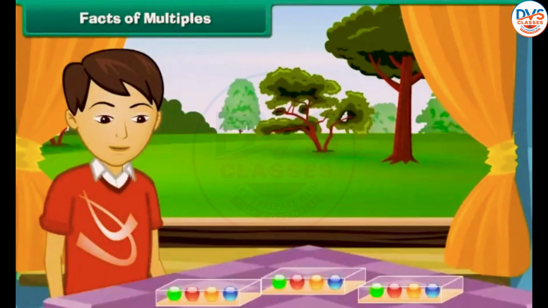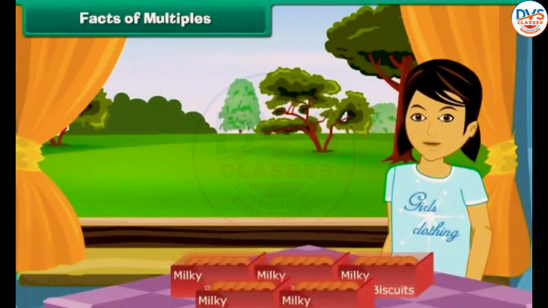Ved buys yet another box of 4 marbles. The total number of marbles is 4 multiplied by 3 is equal to 12. Prerna buys 2 more packets of 5 biscuits each. The total number of biscuits is 5 multiplied by 5 is equal to 25.